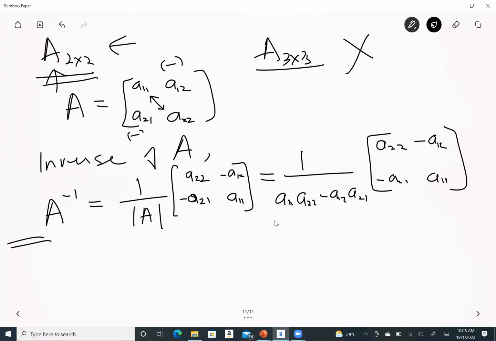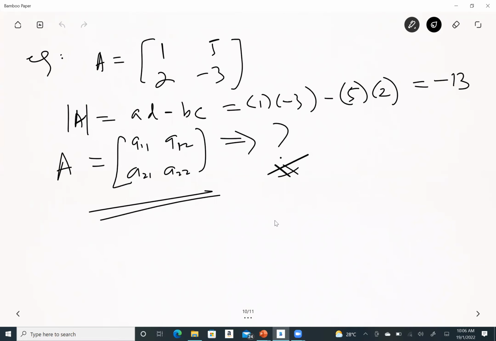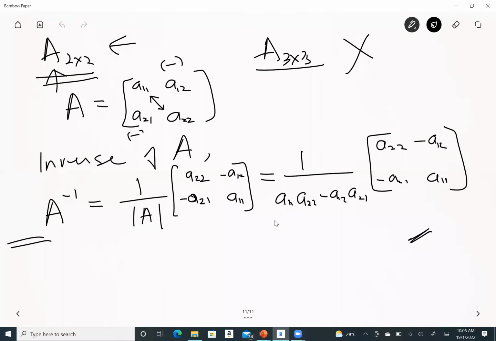Now, an example. Let's go to another example. Let's say I have A equal to 2, 7, negative 1, 4.